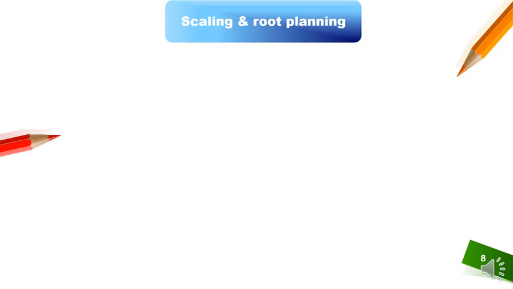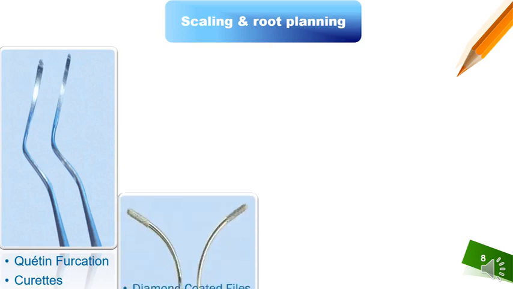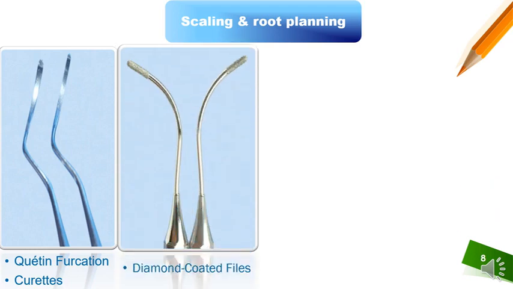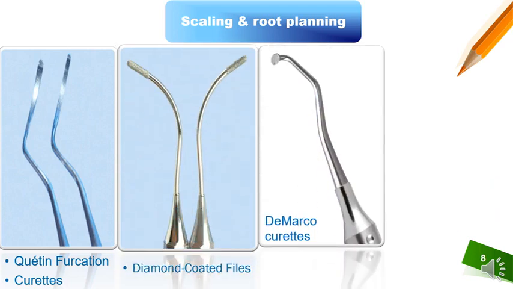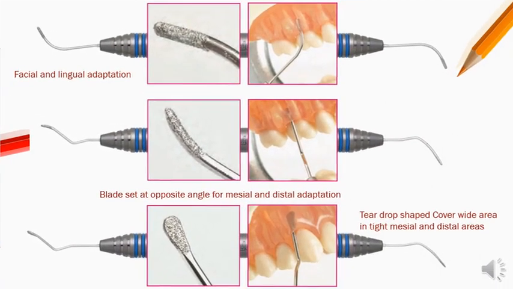Scaling and root planing, as a rule, must precede all types of periodontal therapy. We have different types of instruments used for this purpose, like the Quétin furcation curette, the diamond-coated files, the DeMarco curette, and the Mini Five Gracey curette. This diamond-coated file is used for facial and lingual adaptation.